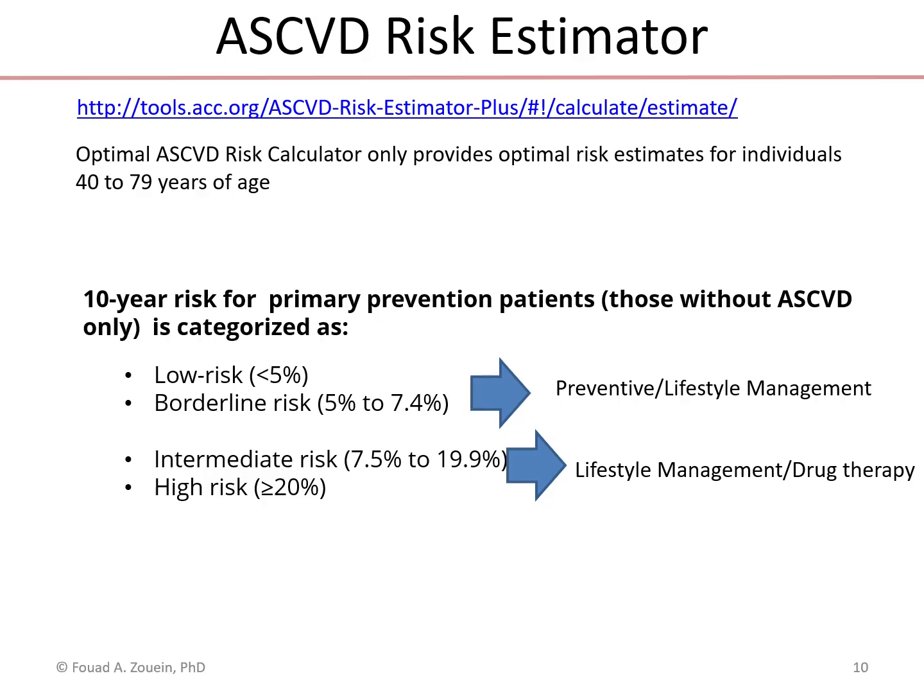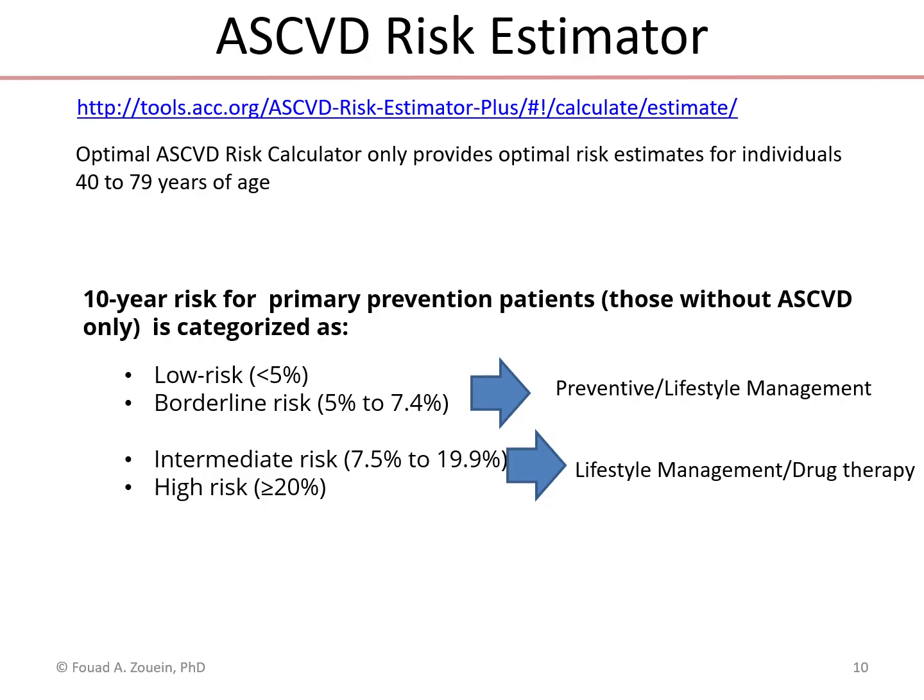On the other hand, if these individuals are at intermediate risk or at high risk, intermediate risk means that it's higher than 7.5% and less than 19.9%. And high risk are the individuals that are at more than 20% risk of ASCVD.